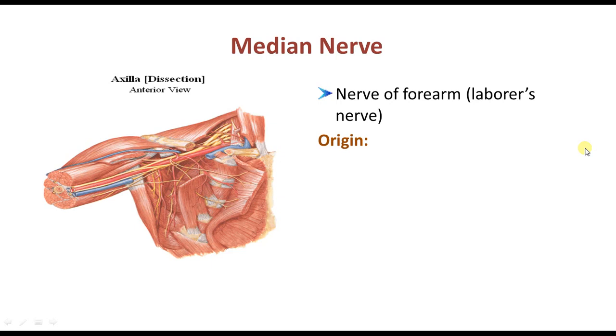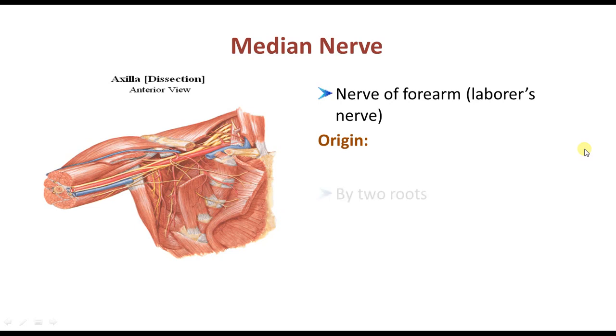They perform powerful actions against gravity, so a lot of force is needed, which is indispensable for laborers who do very hard work and lift heavy objects. That is why the nerve innervating the flexor compartment of the forearm, the median nerve, is called the laborer's nerve.